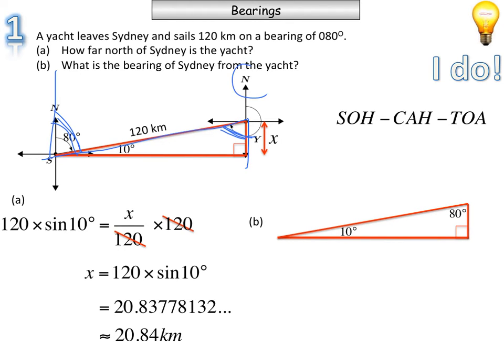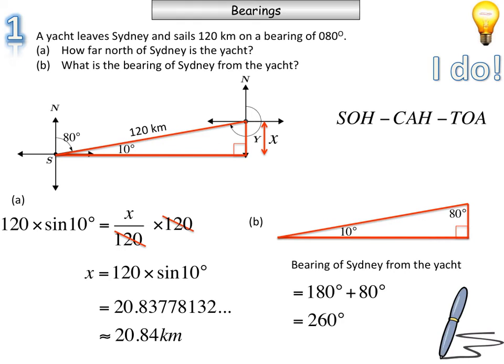They're parallel because these are facing in the same direction. So the bearing of Sydney from the yacht will in fact be not just 80 degrees, but 180 plus 80, because this is a straight angle, and there's 80 degrees. Adding that extra part, which was 80, gives the total bearing. So the bearing is 260 degrees.